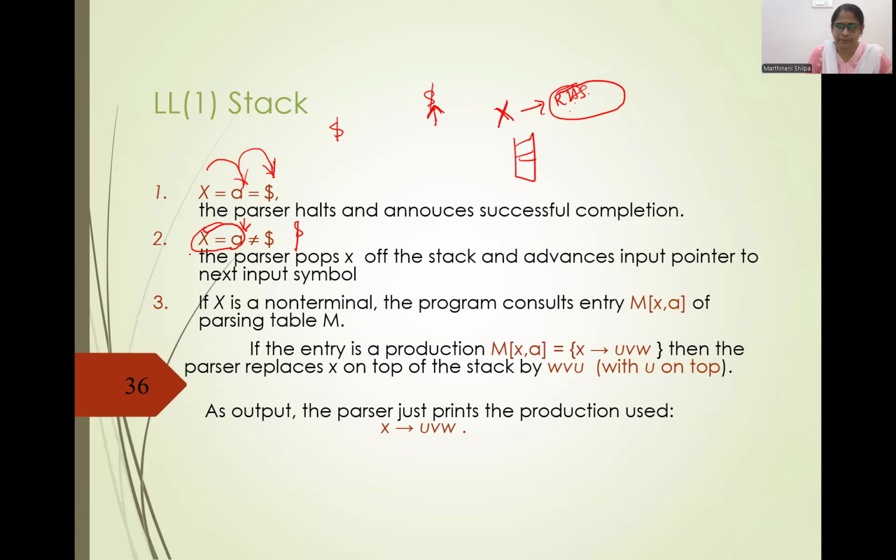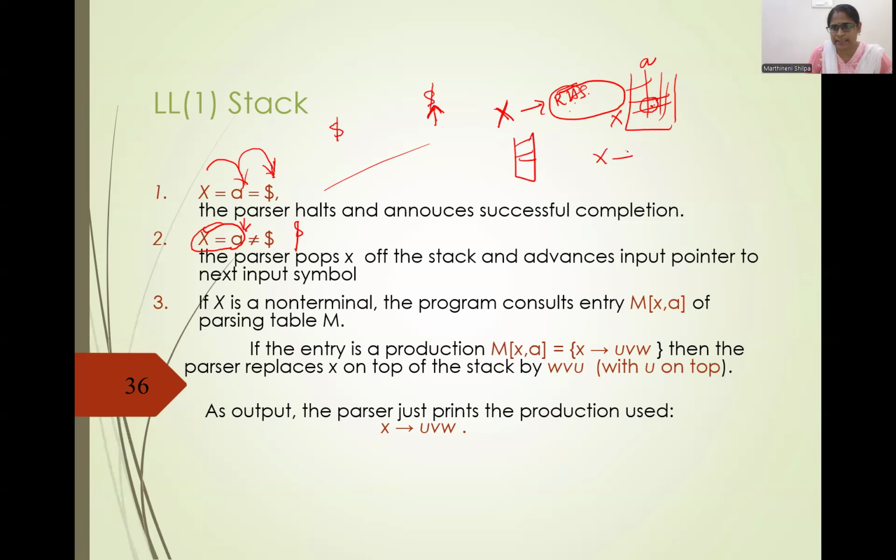That means if the top of stack element is X and the input symbol is a, it will first check the parse table, in row X and column a. Then the right-hand side of that production will be stored in the stack in reverse order.